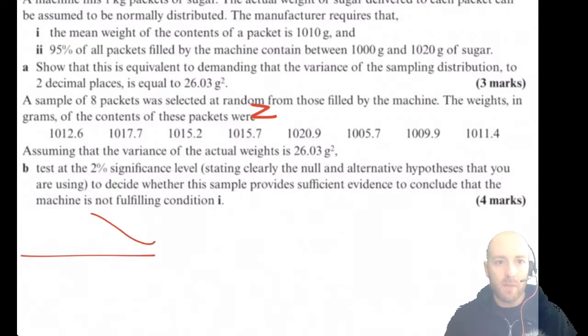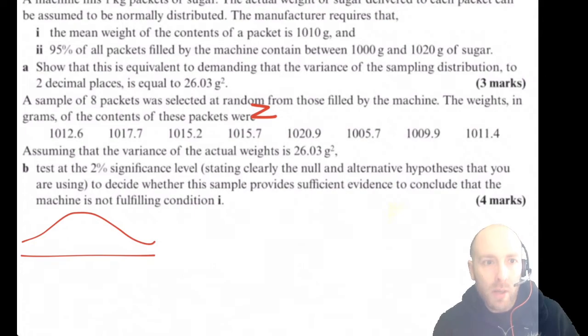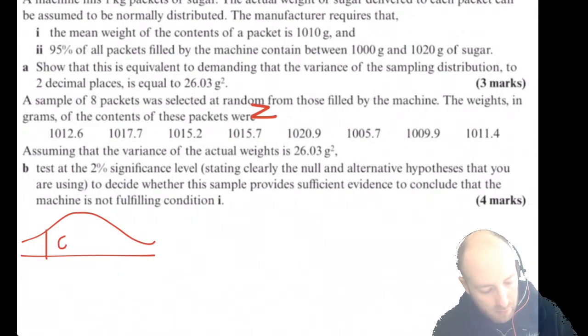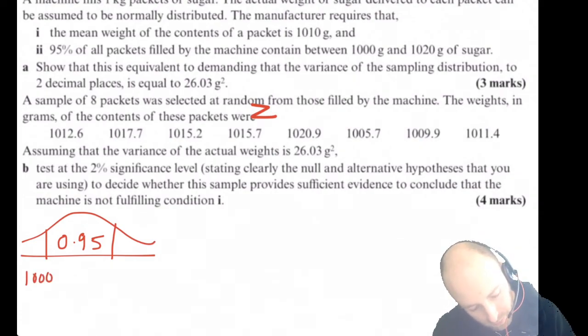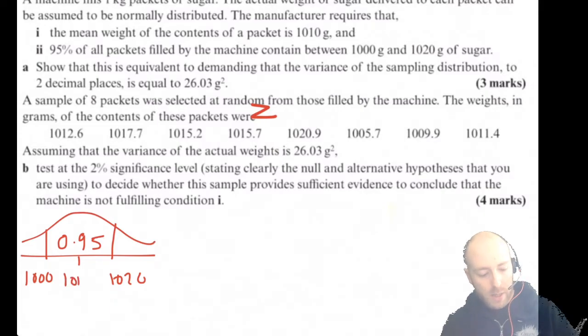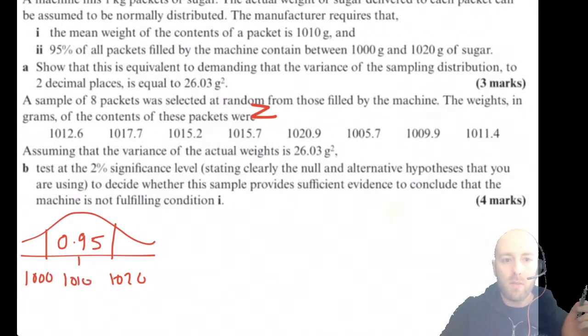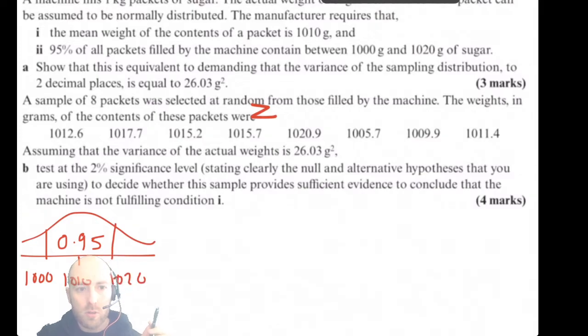So there's my curve. We know that 95% needs to be in the middle, so this is going to be 0.95. And these two are 1000 and 1020. We know the mean is 1010. So we're trying to work out the Z values that correspond to 1020 and 1000.